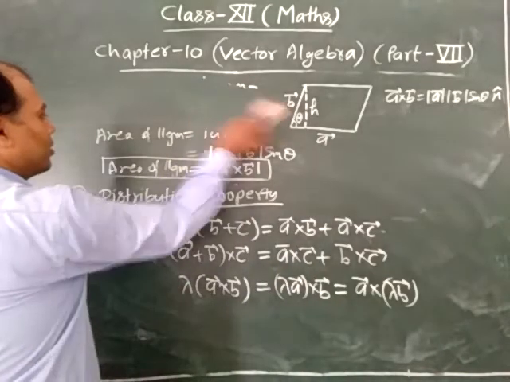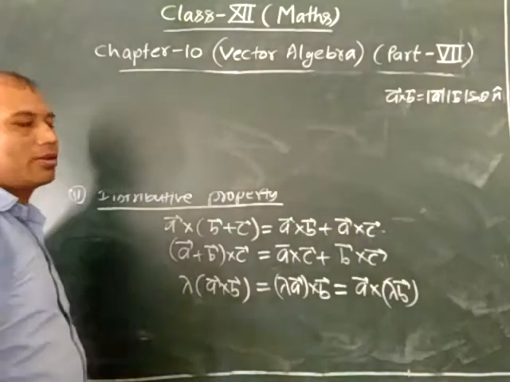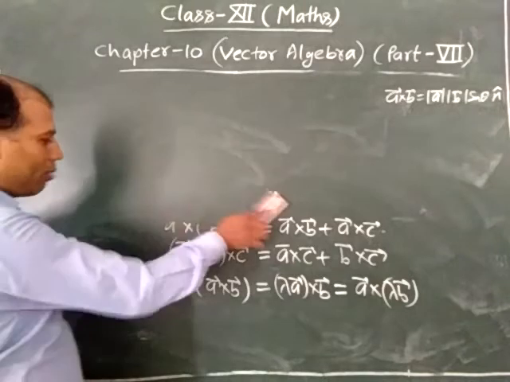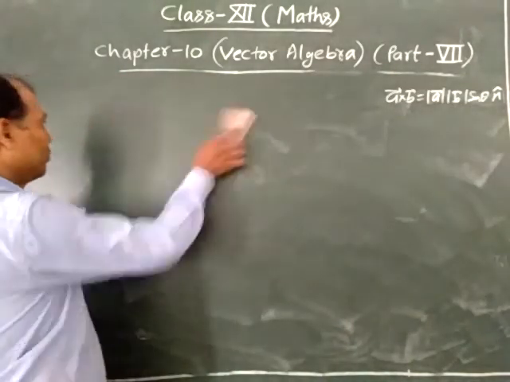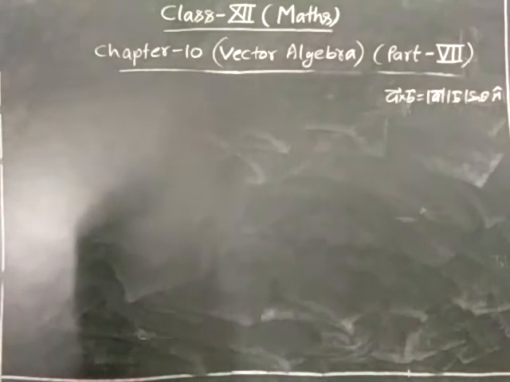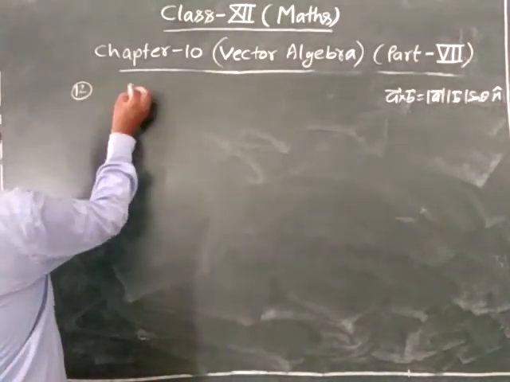It is clear, students? Now suppose that two vectors A and B are given in component form, then how do we find A cross B? The next observation is 12.